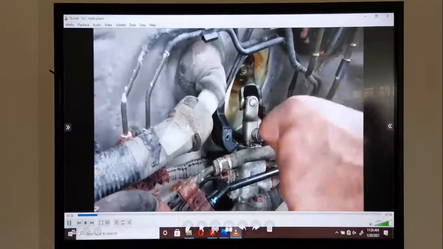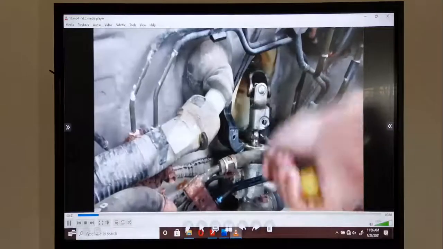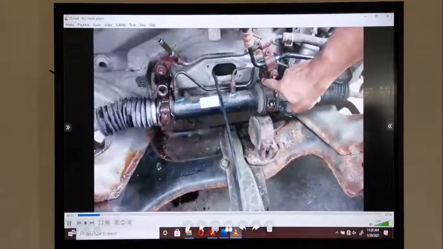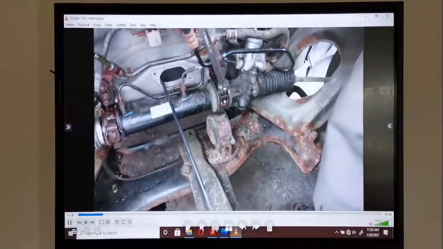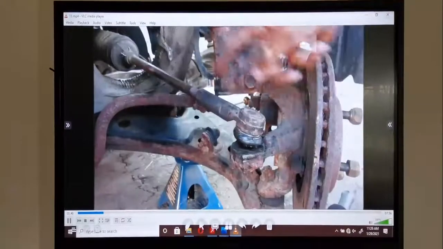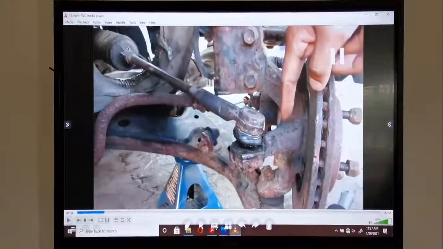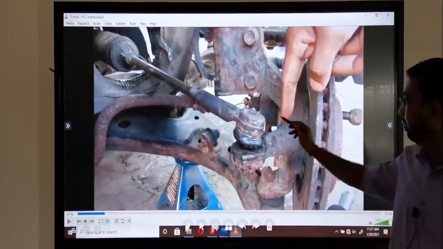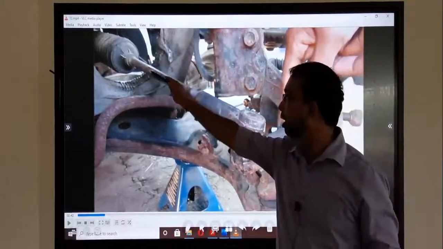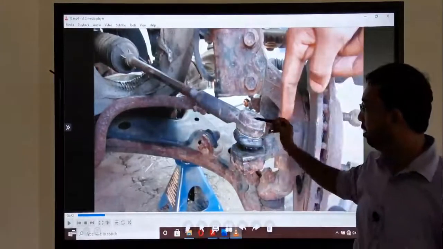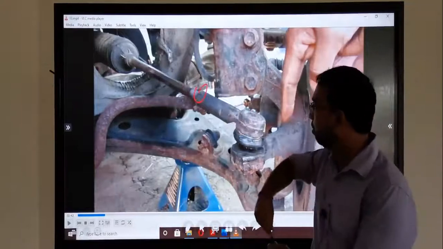Now he removes the flexible coupling and loosens the chassis nuts to remove it. You can see here that's a ball joint. This is the steering knuckle arm, where the tie rod is connected, there's a thread with the ball joint.